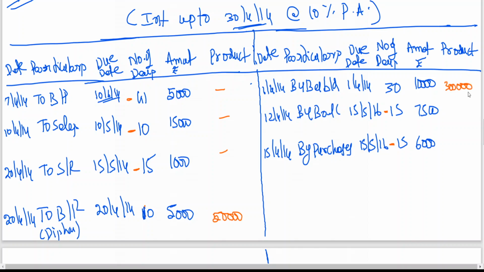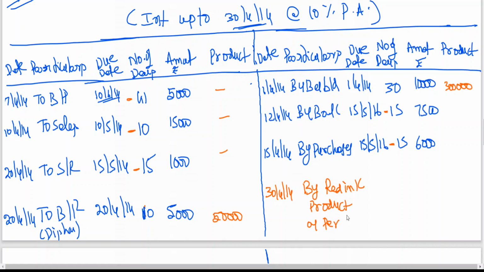Now I told you in the last class that whenever you are having red ink negative, we'll be writing the red ink on the opposite side. So 30th April 14, all these items will come onto the credit side. By red ink product you write. It is also called red ink product. As per contra, you can write.